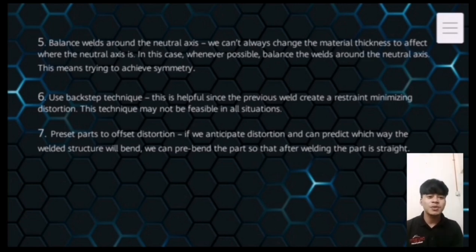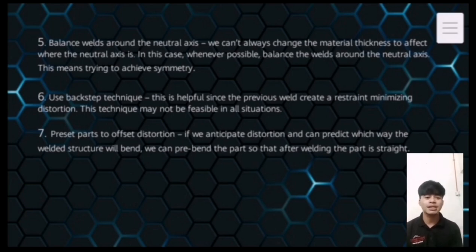Number six, use backstep technique. This is helpful since the previous weld will create restraint, minimizing distortion. The technique may not be feasible in all situations.